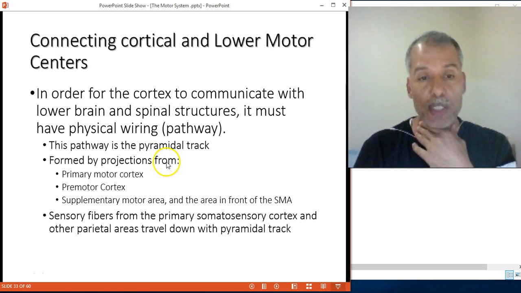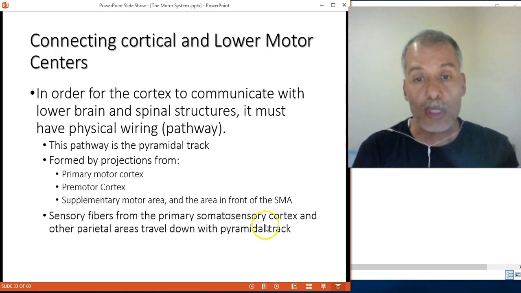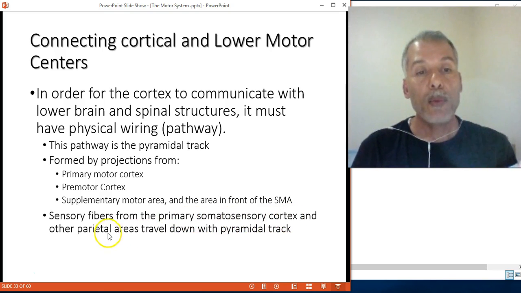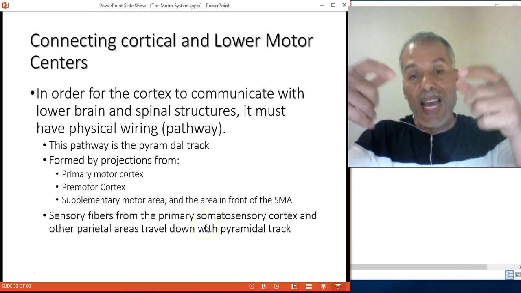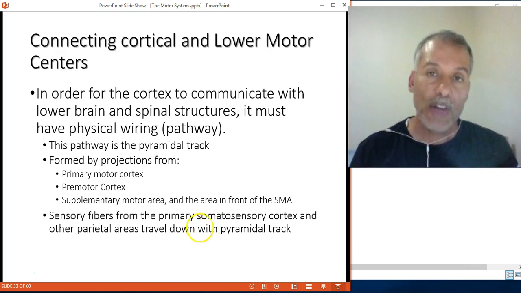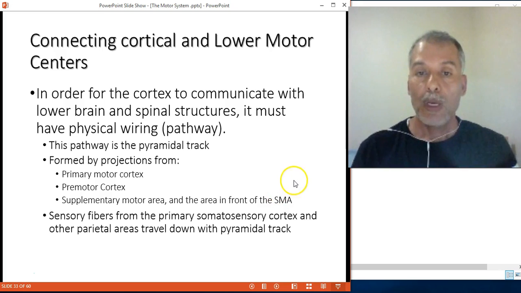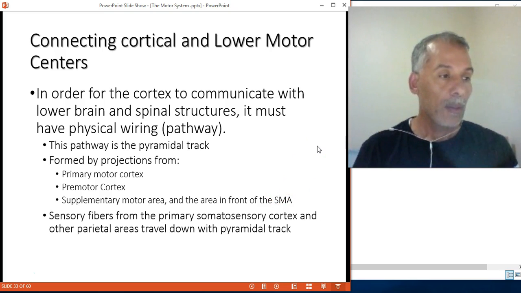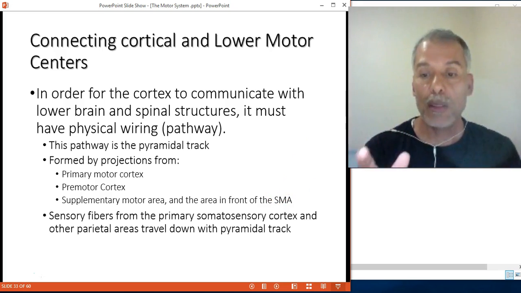And as I mentioned before, sensory fibers from the primary somatosensory cortex and other parietal areas also travel down with the pyramidal tract. It is like going on an expedition.